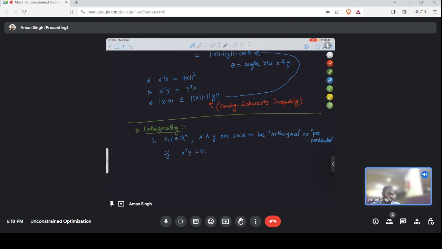That is, their dot product is 0. Then those two vectors are called orthogonal.